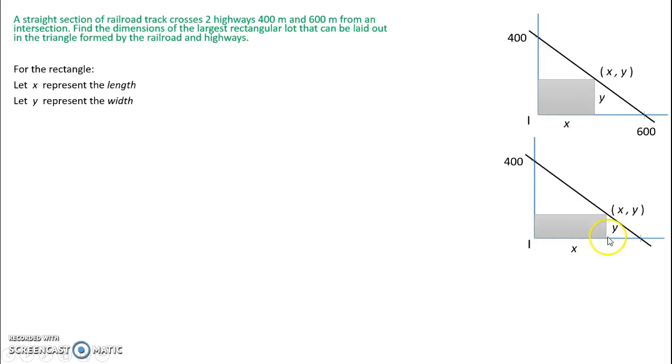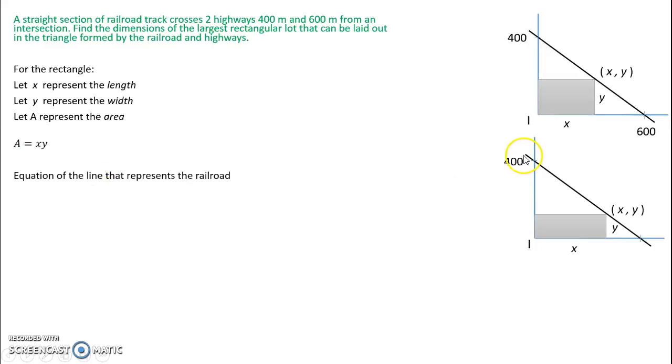But still, the x-coordinate of this point is going to be x, because this is x, and the y-coordinate is going to be y, because this length is y. We're going to let A represent the area of the rectangle. So area is equal to x times y, so length times width.